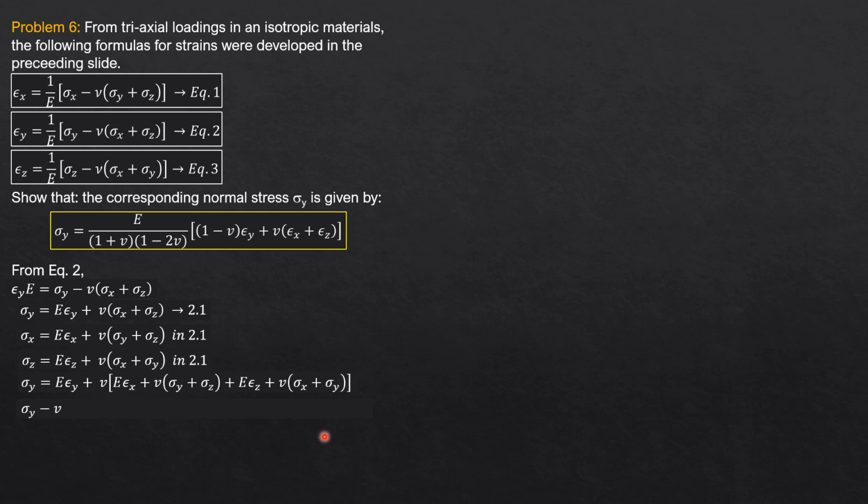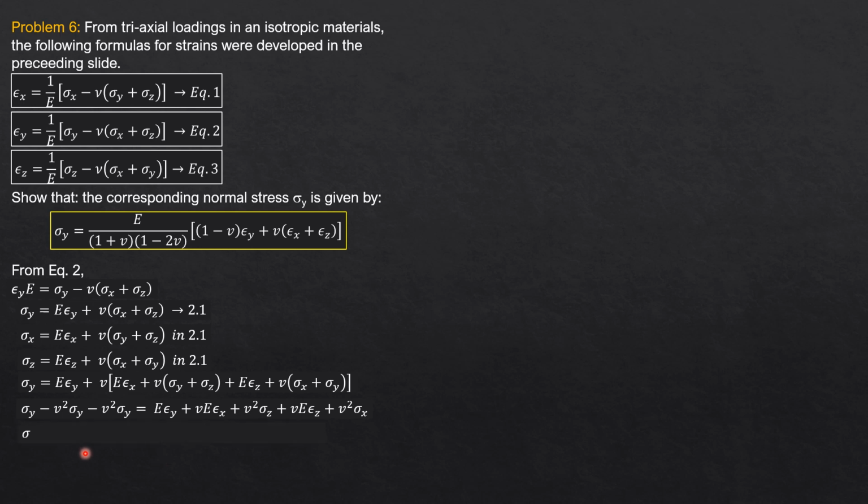So sigma y minus Poisson's ratio squared sigma y minus Poisson's ratio squared sigma y equals E times strain y plus Poisson's ratio E strain x plus Poisson's ratio squared sigma z, then plus Poisson's ratio E strain along z plus Poisson's ratio squared sigma x. We transposed Poisson's ratio squared sigma y twice here.